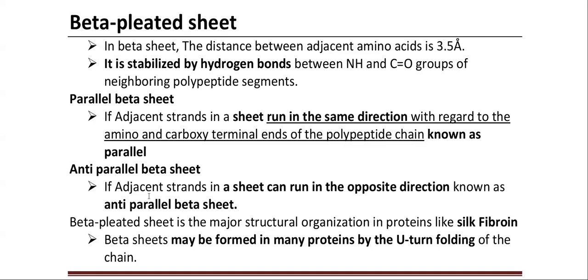Anti-parallel beta sheet: if adjacent strands in a sheet run in the opposite direction, it is known as anti-parallel beta sheet. Beta pleated sheet is a major structural organization in proteins like silk fibroin. Beta sheets may be formed in many proteins by the U-turn folding of the chain.